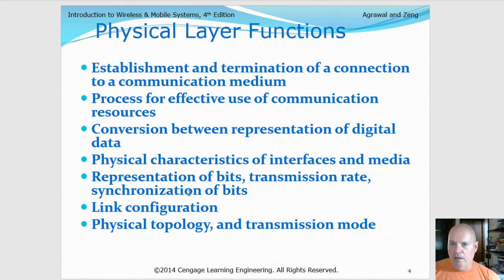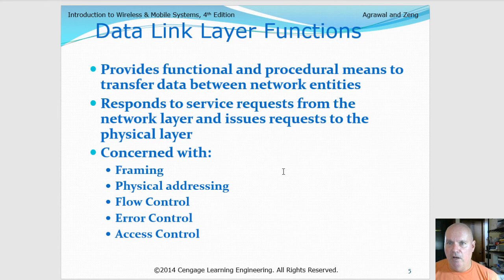It defines the transmission rate and synchronization, and the physical topology, whether node to node, or perhaps a token ring topology, although you don't see these in use much longer, where all the nodes are arranged in a ring, or a star topology, which is quite common nowadays with individual PCs and devices all connected directly to a router or a switch.